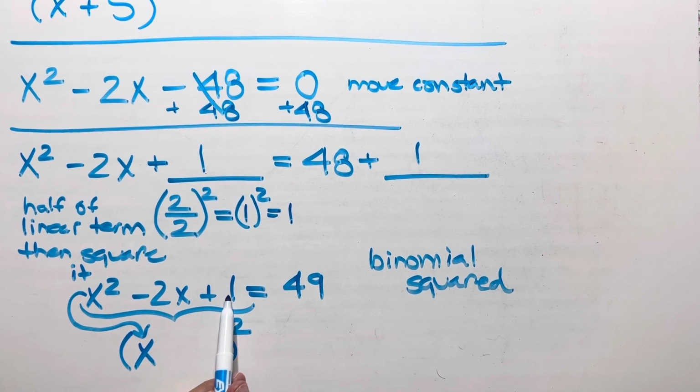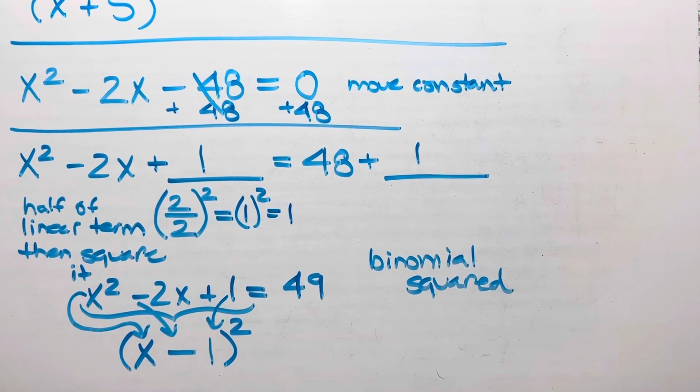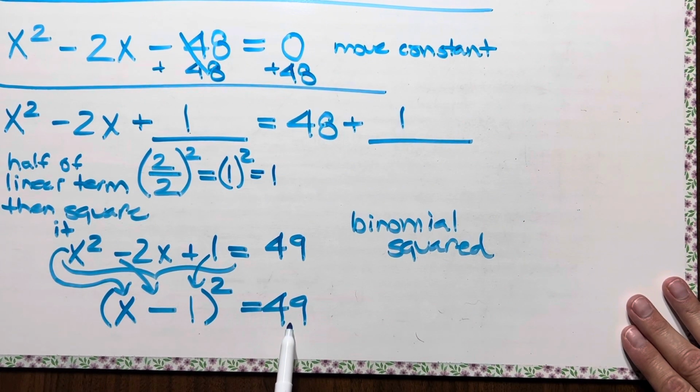And I'm going to take the square root of my 1, also just 1. So that goes here. And whatever my original sign was for my middle term, that goes here. So to turn x squared minus 2x plus 1 into a binomial squared, it looks like x minus 1 squared equals 49. If you were asked to only complete the square, this is what you would do.